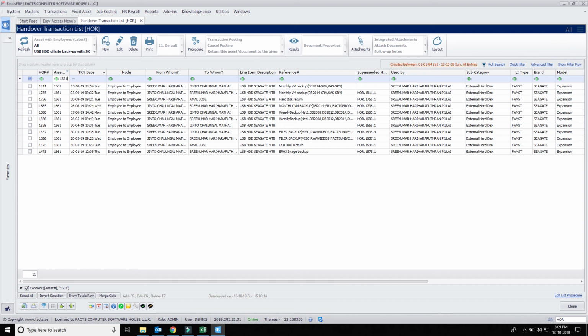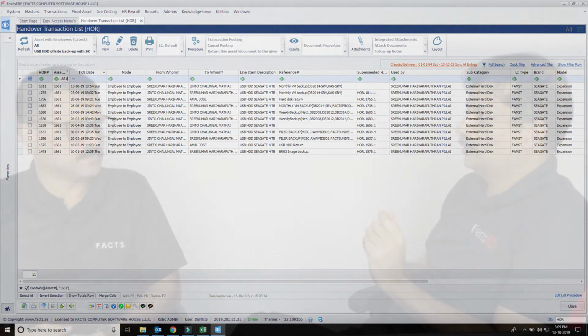So we made a handover transaction in such a way that whenever a handover takes place, there is a from and to. Whenever I give you a USB hard disk, we record that I am giving you this hard disk. That's it, the transaction is finished. After 2-3 weeks or next month, you may give this back to me.